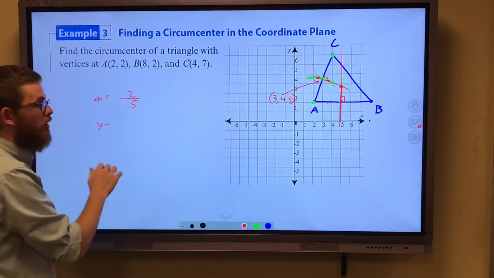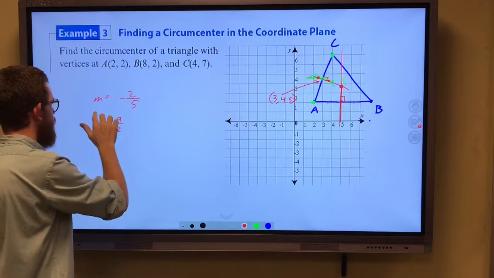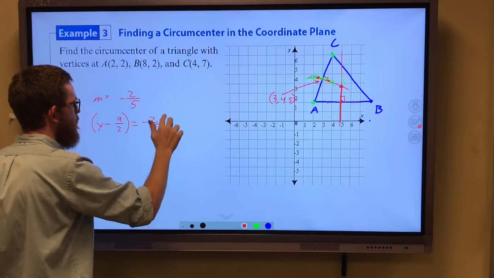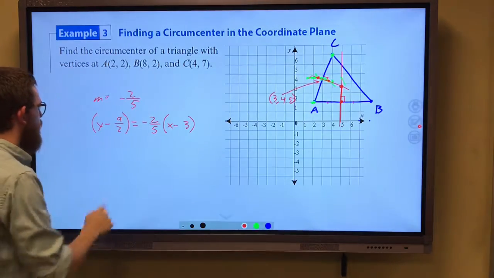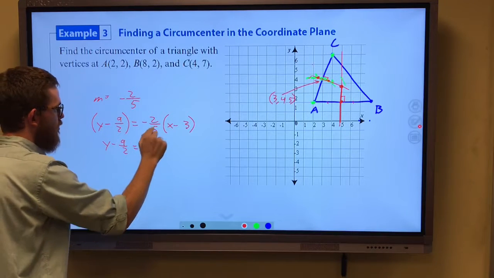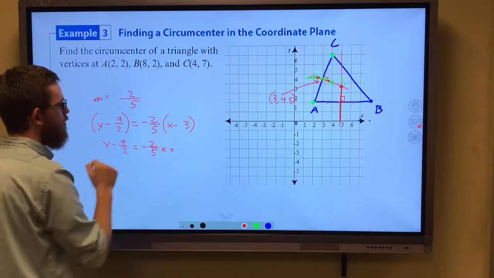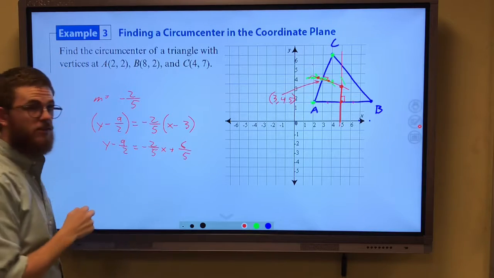So I'm going to use my point slope form. y minus 4 and a half equals m times x minus the x coordinate. y minus 9 over 2, which is 4.5, equals a negative 2/5 x plus 6/5.